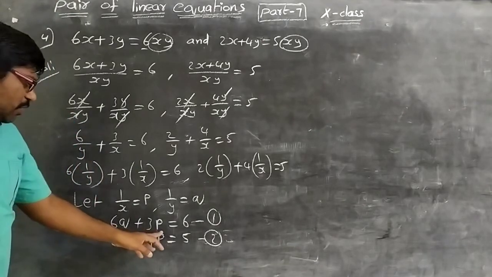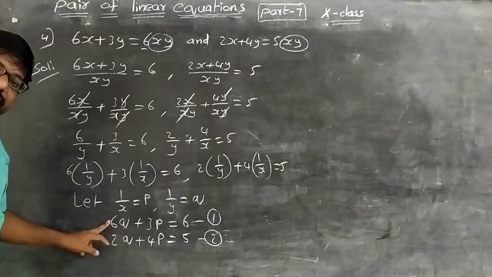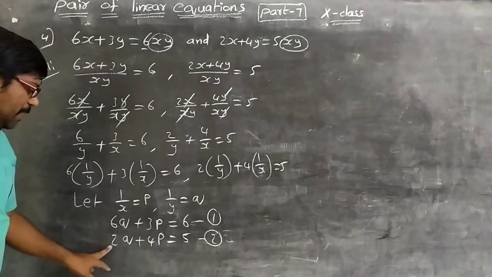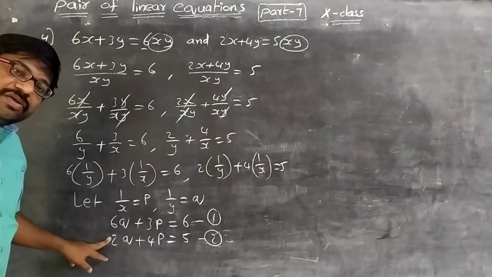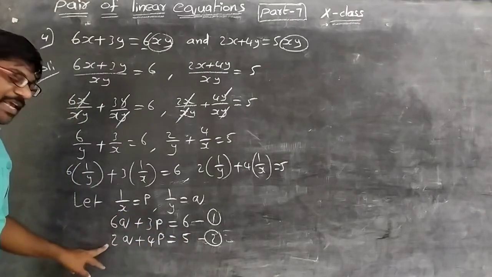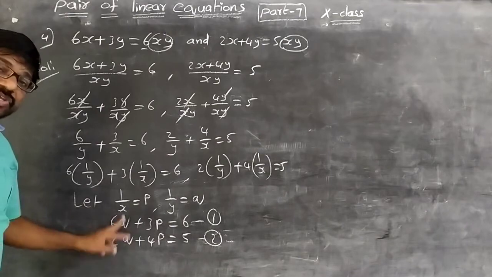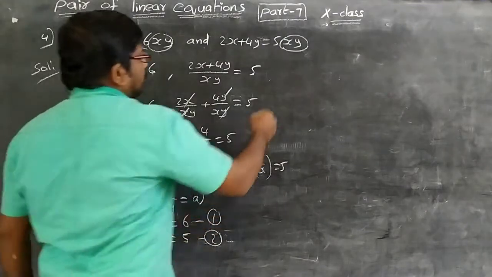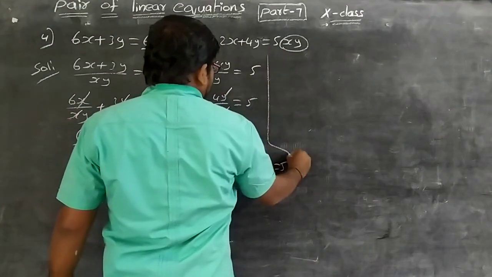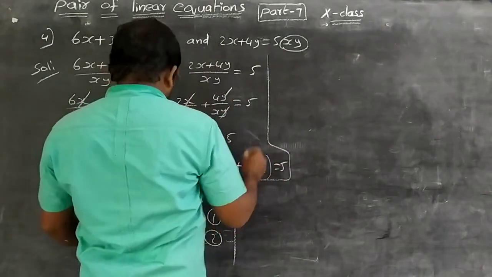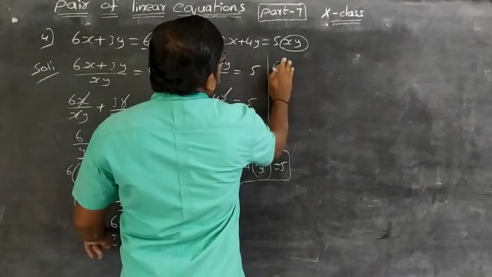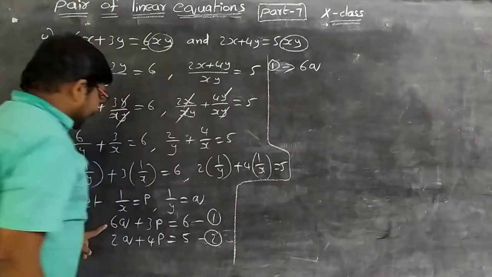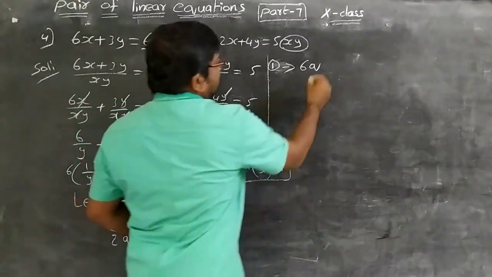Now solve these two equations by using the elimination method. Here the q coefficient is 6, but in equation 2 the q coefficient is 2. So by multiplying equation 2 with 3, we get the same coefficient for q. So equation 1 is written as 6q plus 3p equal to 6.